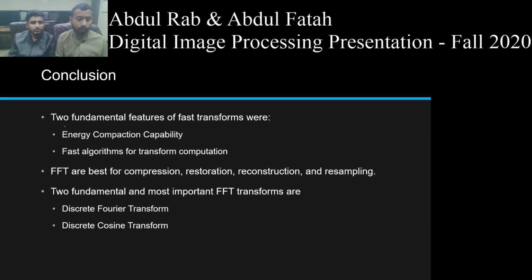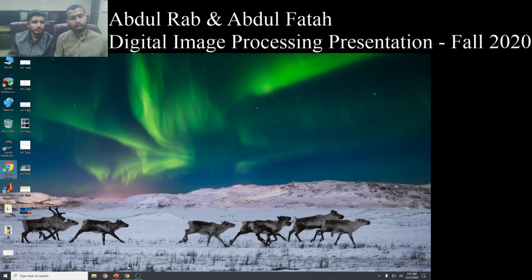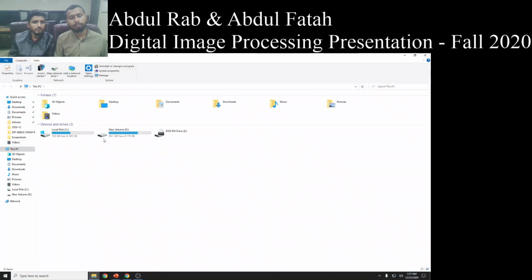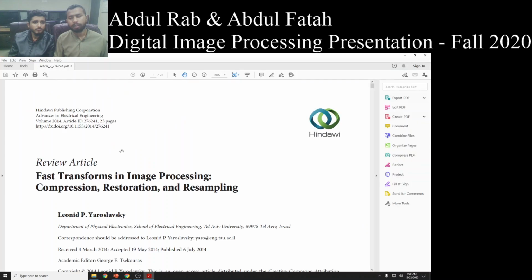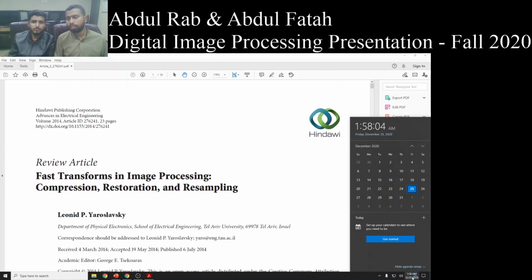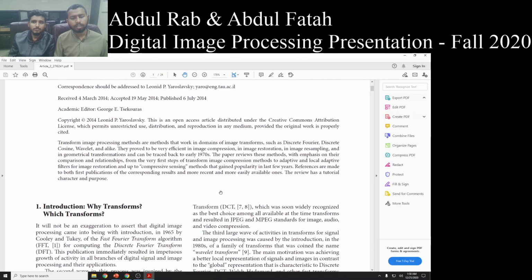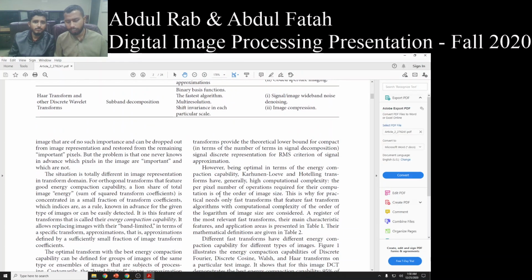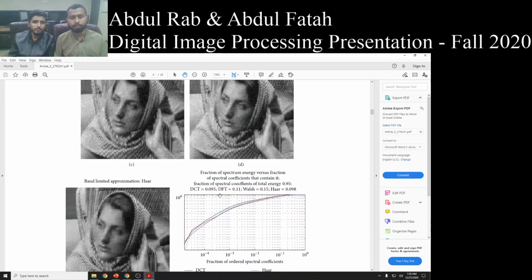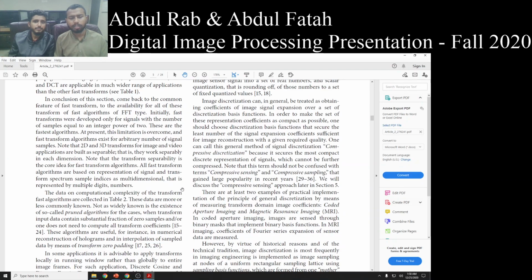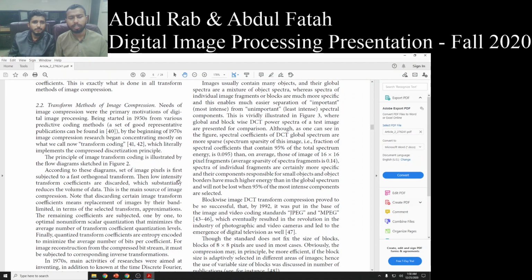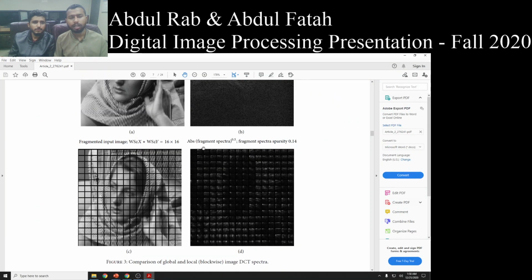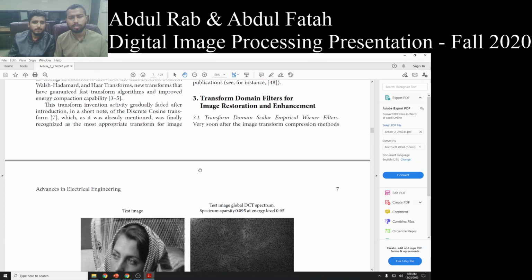We had a lot of data. If I could show you the article, there were many pictures as well, but we restricted ourselves to make this slide of almost 30 minutes. There were many topics, but we highlighted a few of them and discussed this picture as well. And this schematic diagram shows how compression and decompression occur, and we discussed the compression results also.